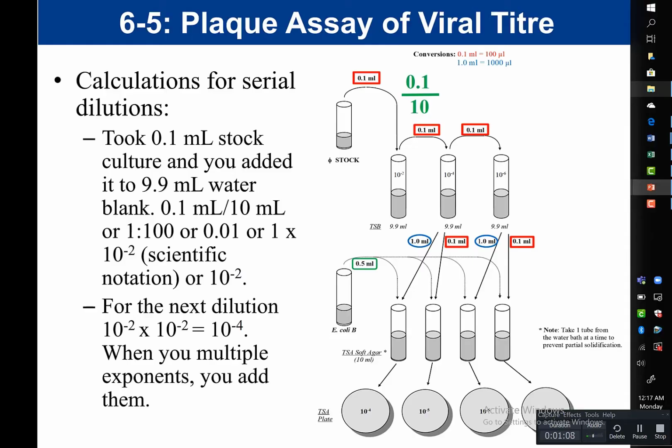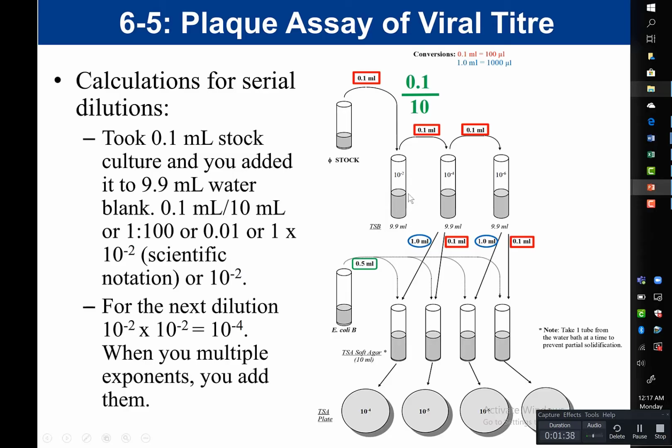So to start this experiment, the first thing that we have to do is make a serial dilution of our phage stock solution. We are going to start with our stock solution. Here's our stock solution, and we're going to transfer 0.1 milliliters into a volume of 9.9 milliliters of tryptic soy broth.